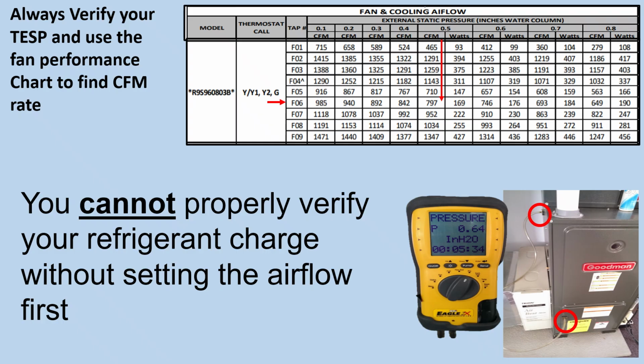You can't properly charge any unit without setting the airflow first, because you can weigh your charge in, but if your airflow's off, you're still not operating at the efficiency, or the charge isn't set. So just keep that in mind. Always verify airflow. Anytime you're putting in a new system or changing out a furnace, make sure that you don't have a high static pressure problem, and also that you're getting the airflow you need.